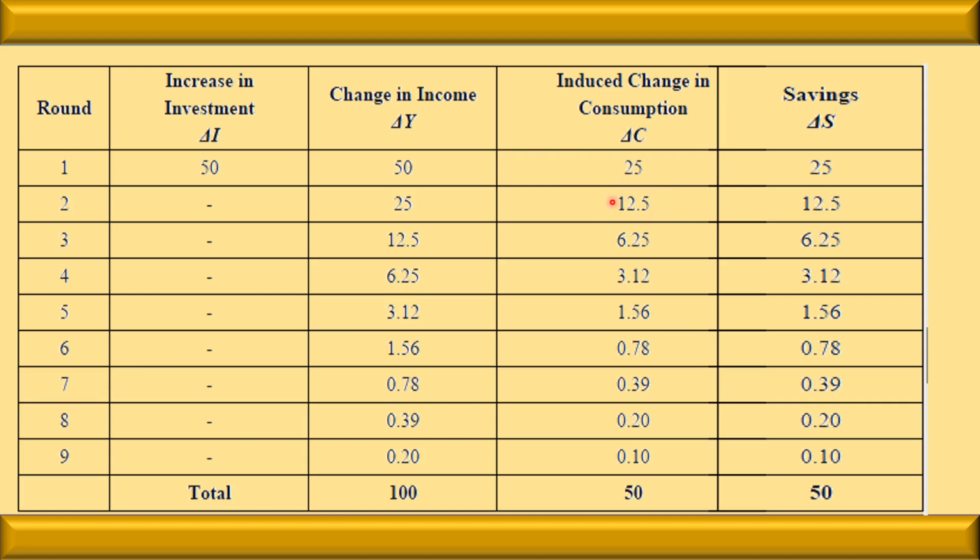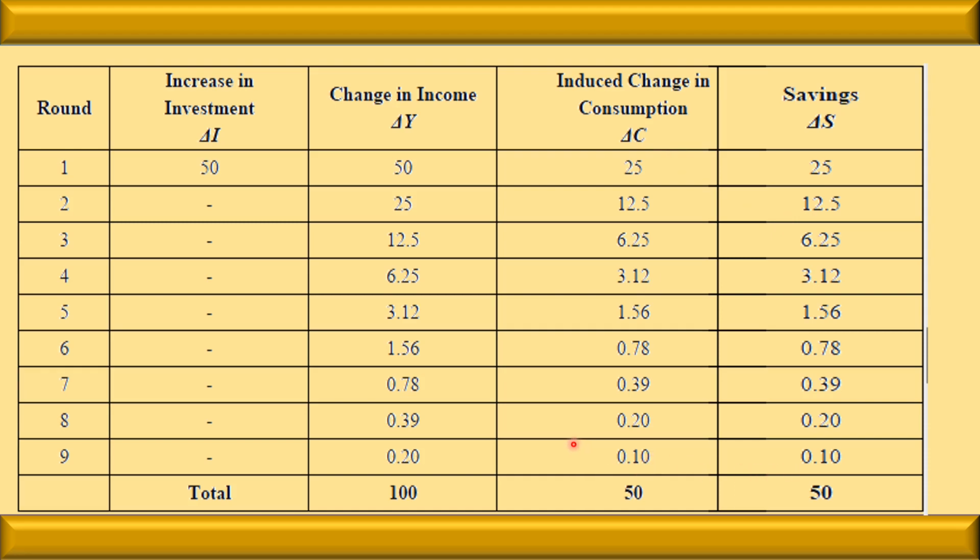So the consumption over here will be added in the third round as a change in income of the workers doing jobs in the cloth industry. So the consumption over here will be the income in the next subsequent round. The same thing continues. They will consume 50% and save 50%, and the process will go on till the consumption becomes 0 or the saving becomes 0.